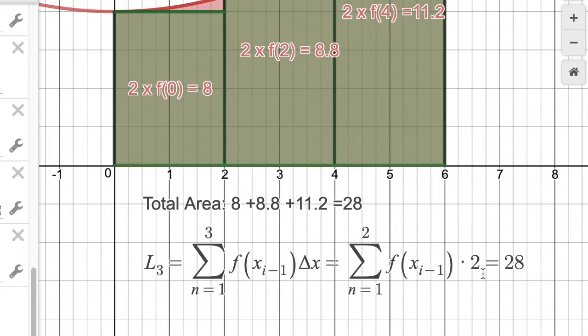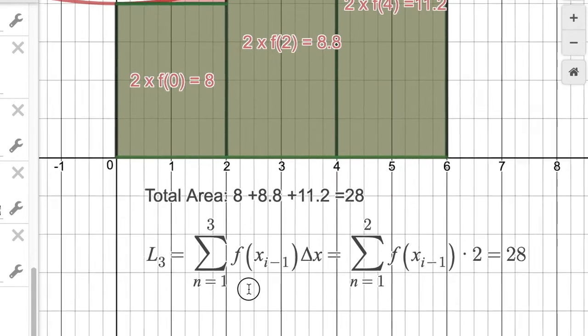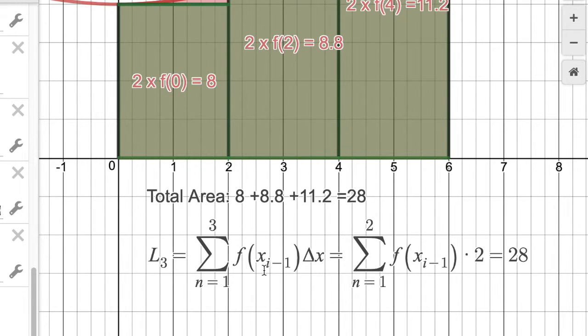So we found out in this case, the delta x was 2, so I filled in the 2 over here, right? And so if you think about this f of x sub i minus 1, when it's a left endpoint, we put i minus 1, and that's because what I want for my left endpoint is this number here, the f of 0. So if I plug in 1 into my i minus 1, then I get f of x sub 1 minus 1, which is x sub 0.